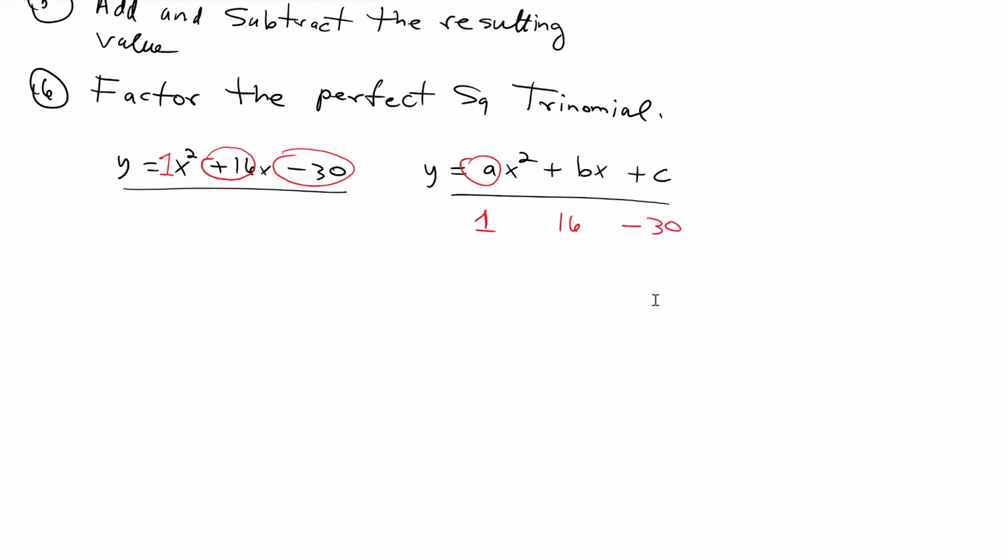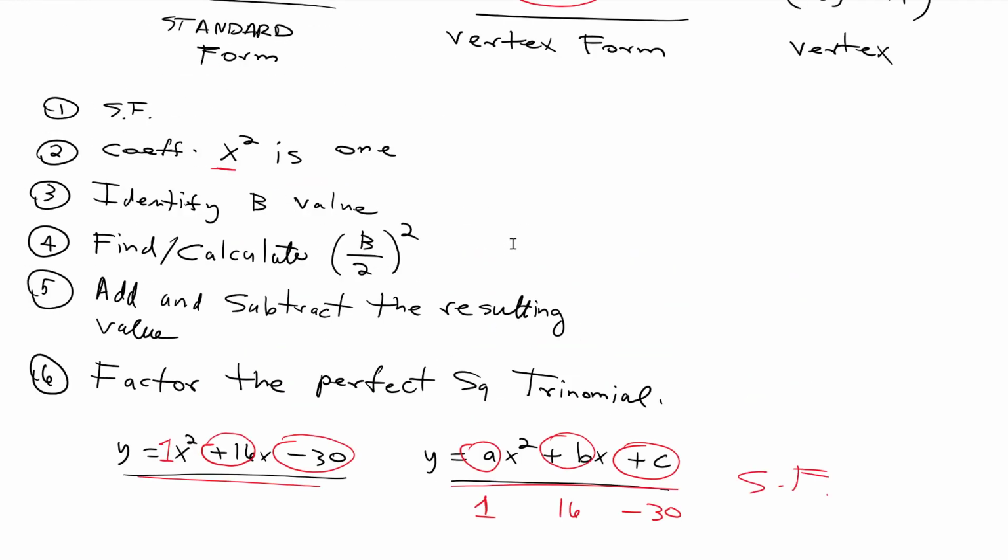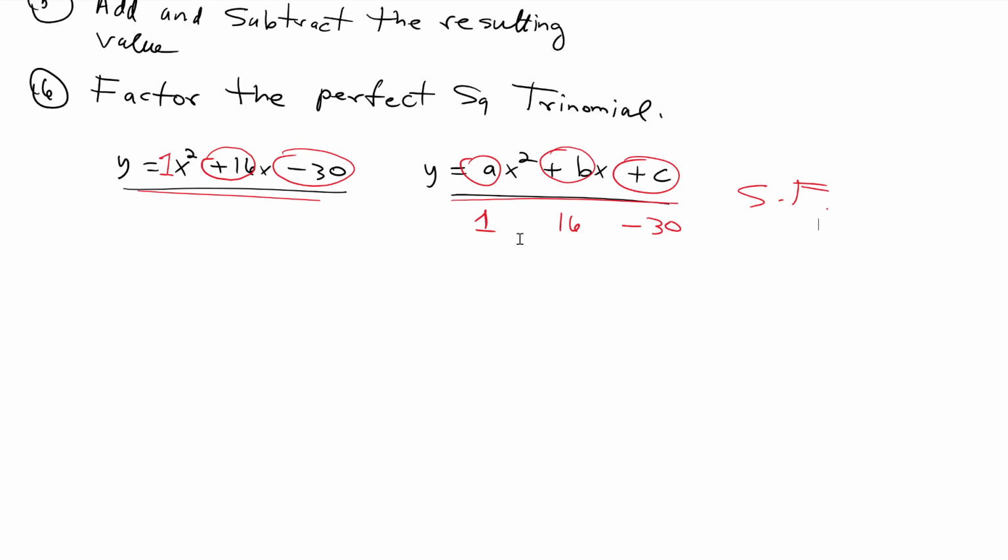If you can identify your a, b, and c values, and it's in this format, then it is in standard form. So we already checked off the first item. Now we have to make sure that the coefficient of x squared is also 1, and in this case, it is absolutely 1.